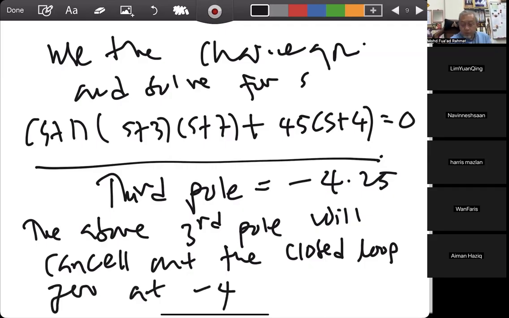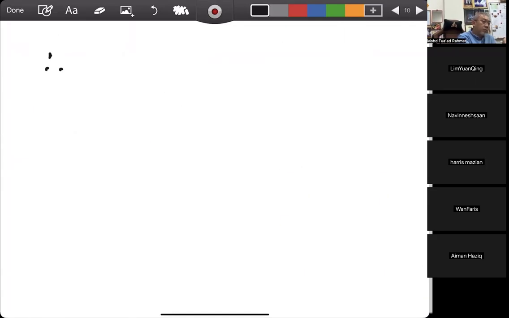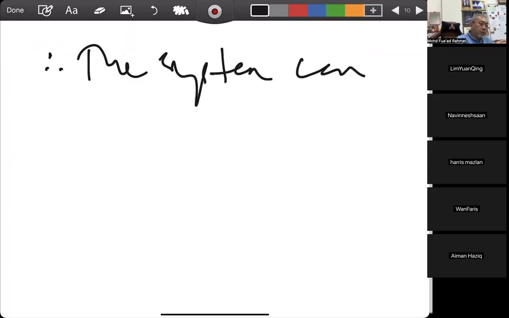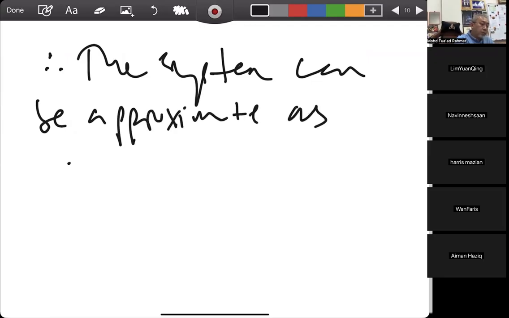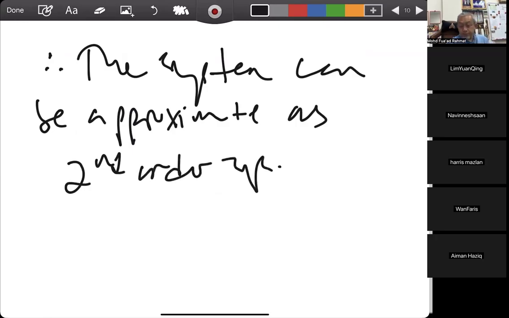Okay, so therefore the system can be approximated as a second order system.